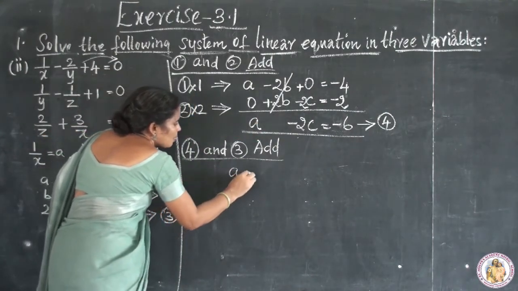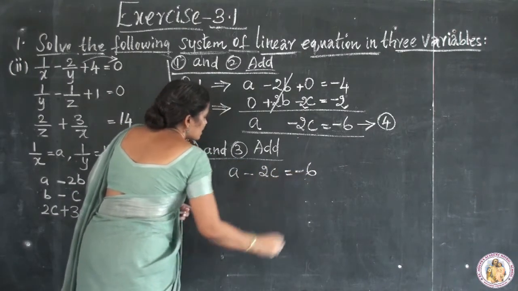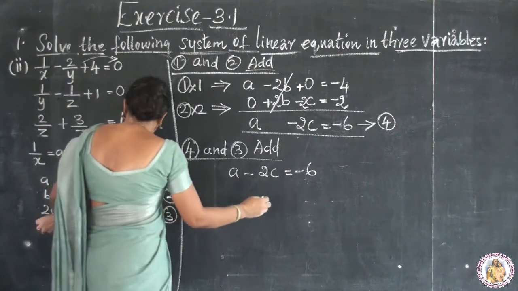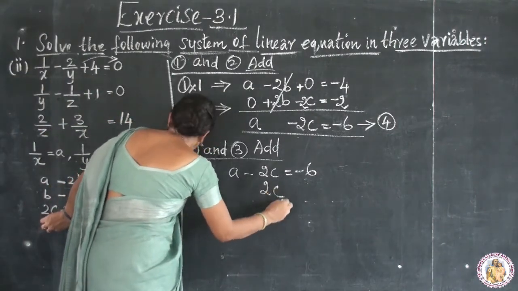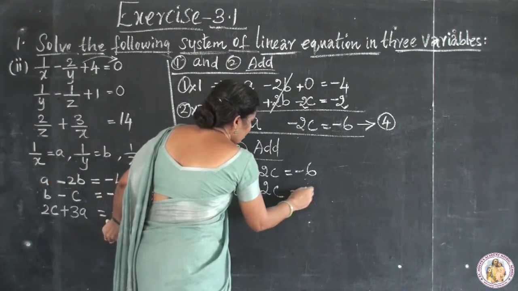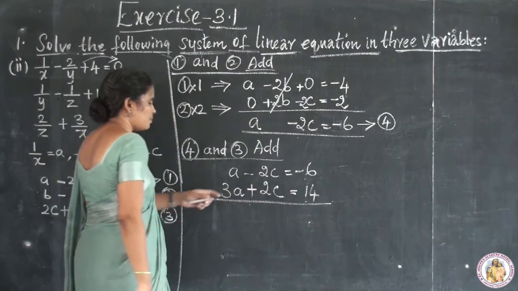A minus 2c is equal to minus 6, and third equation 2c plus 3a is equal to 14. Here 2c is plus.